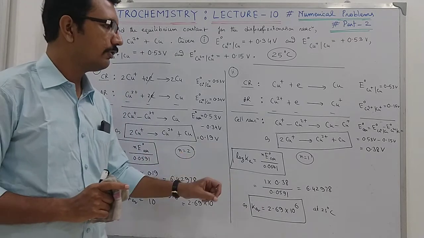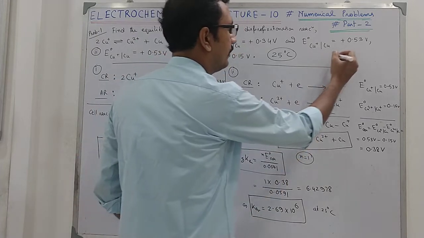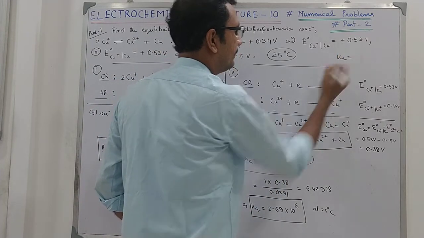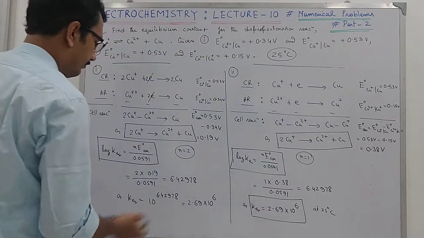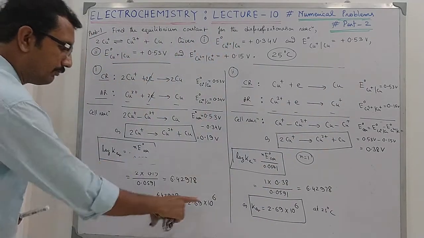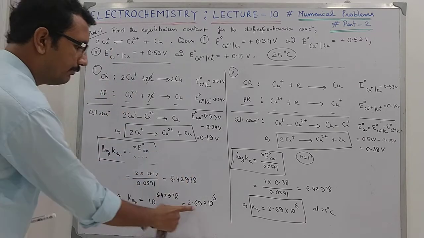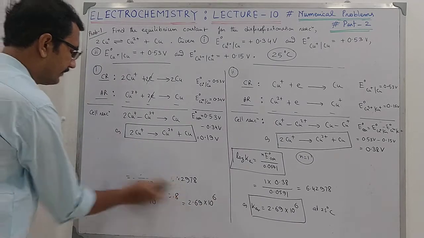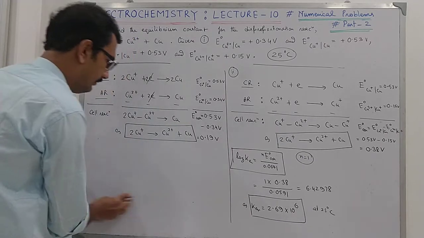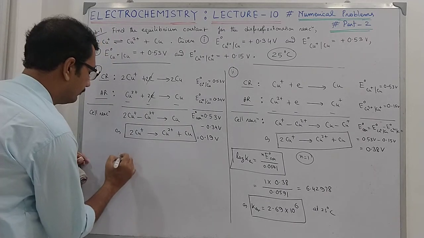You see, equilibrium constant is given by product. So, the equilibrium constant will have the same value for both the cases, since the value is the same, 2.69 10 to the power 6. Okay, so I am removing it for the necessary information that we are getting from this value.